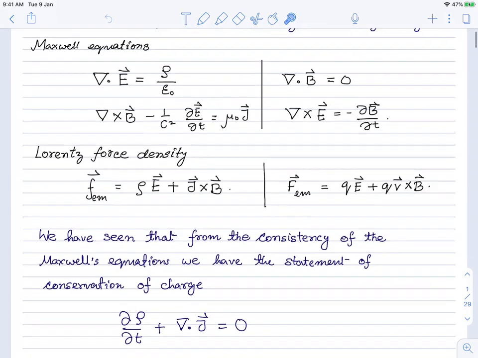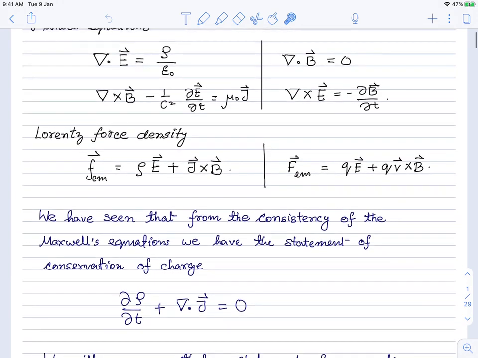So good. Given the Maxwell's equations we have seen towards the beginning of this lecture series, we can manipulate them and obtain this conservation of charge. I have told you that you can view this as a consistency condition on the sources which essentially source the electric and magnetic fields.